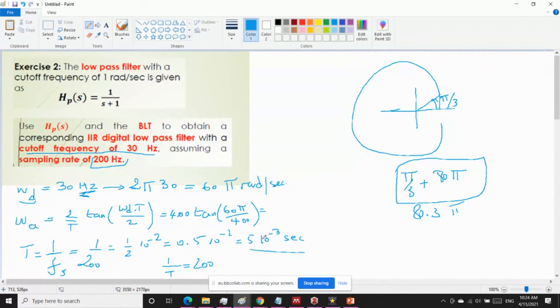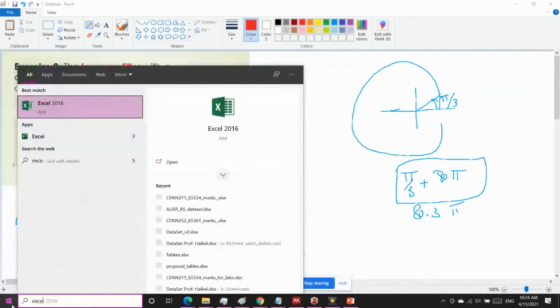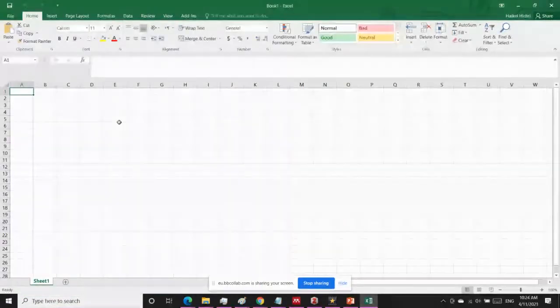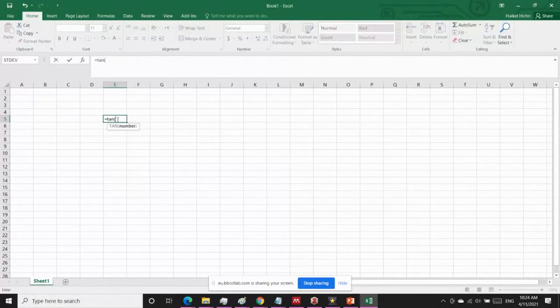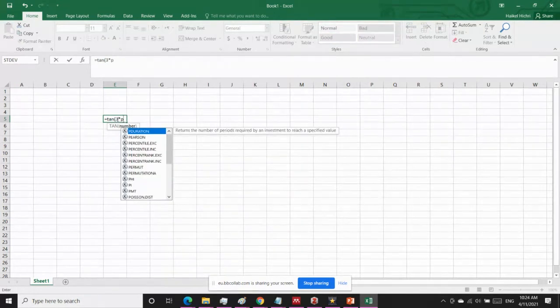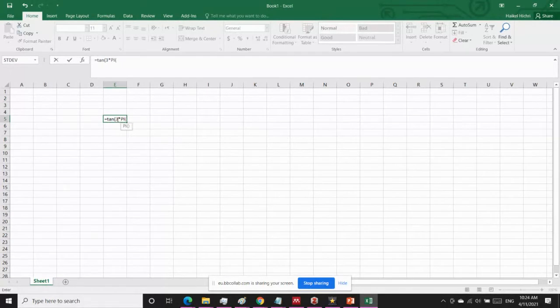So let's see. That is 3 pi over 20. The tangent of it is 0.51.